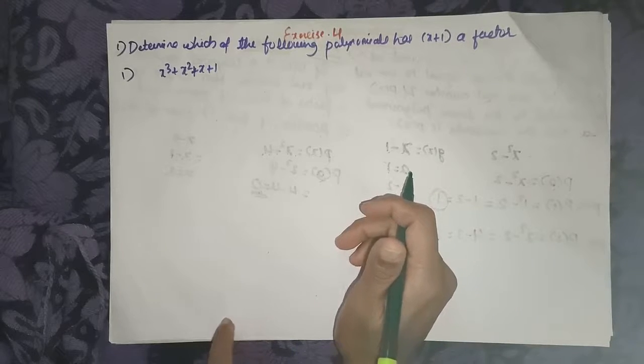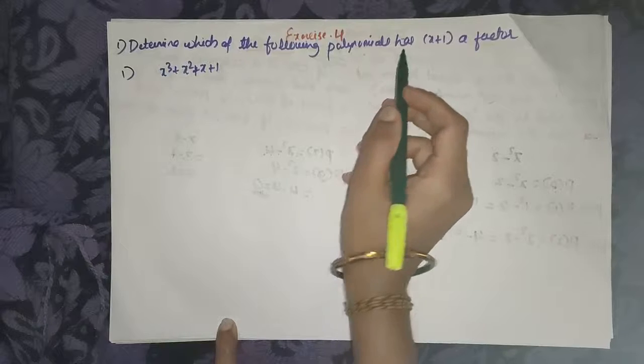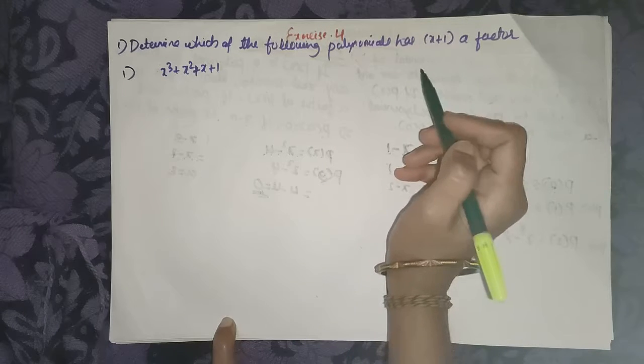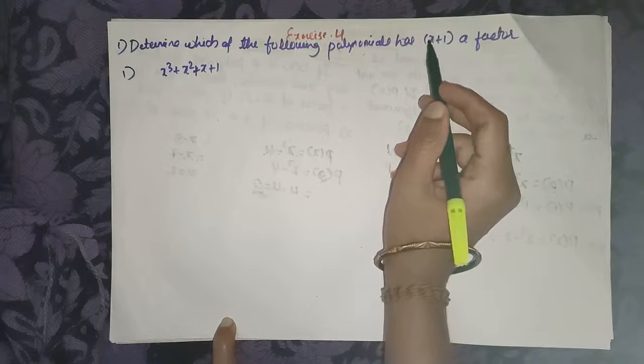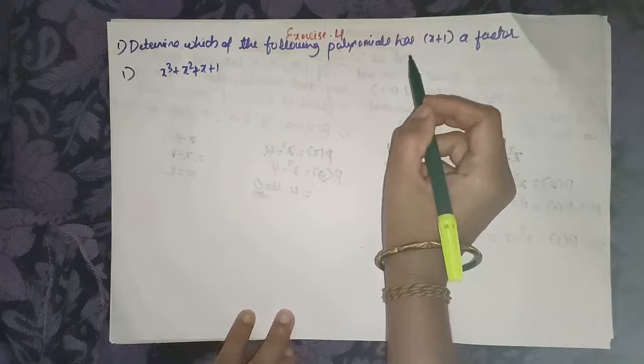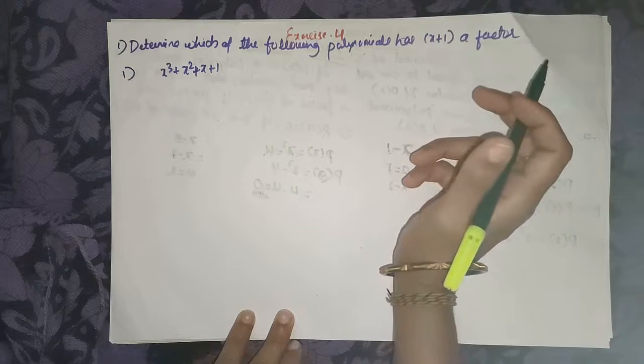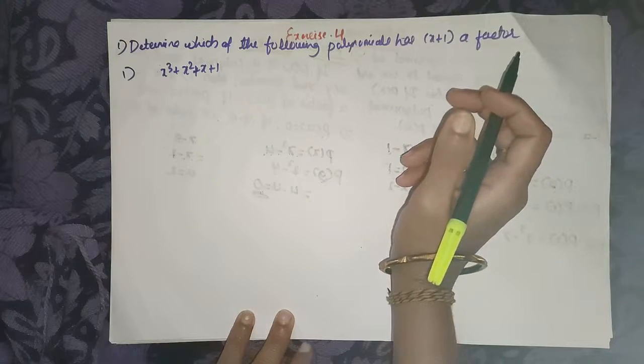Here the first question is, determine which of the following polynomials has x plus 1 as a factor. They have given four polynomials below, four questions. We need to find out whether x plus 1 is a factor or not. To find out a factor, the remainder must be 0.